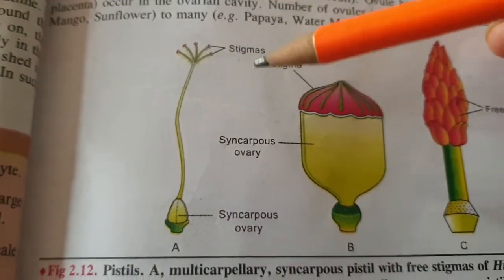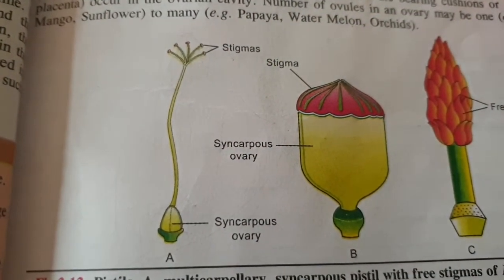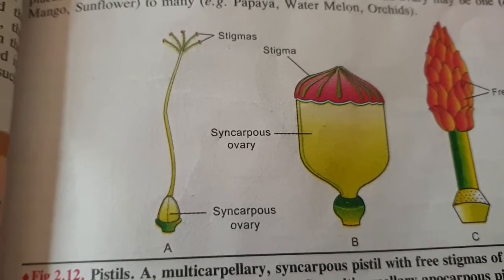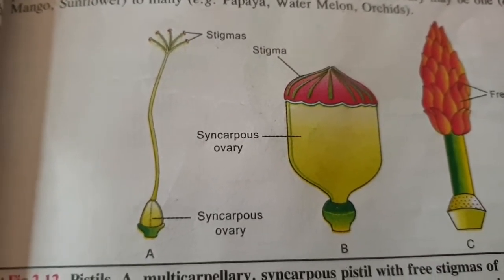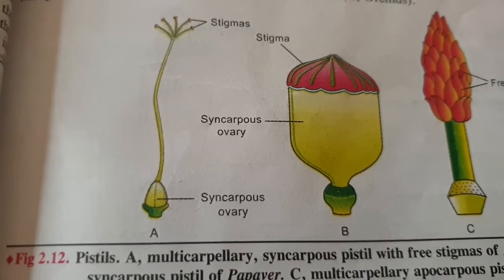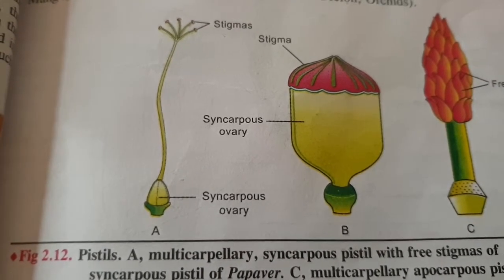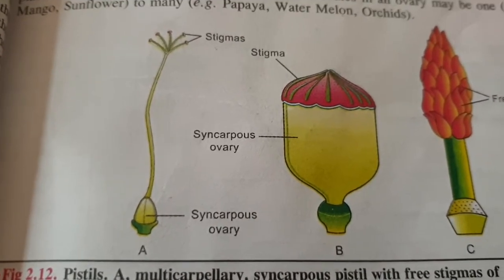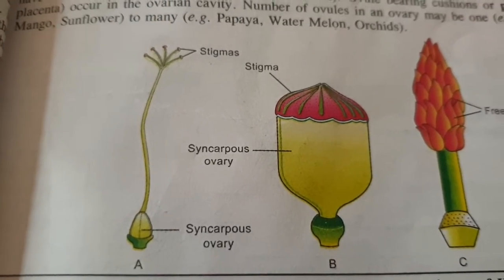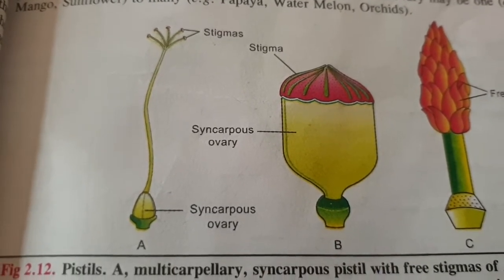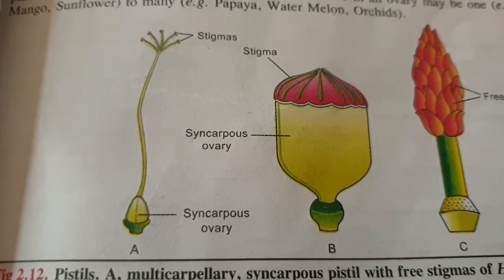Now sometimes in some flowers, the number of pistil or carpel may be one, then we call it a monocarpellary flower. Suppose if there are two carpels, then we call it bicarpellary. If there are more than two, then we call it multicarpellary or polycarpellary.